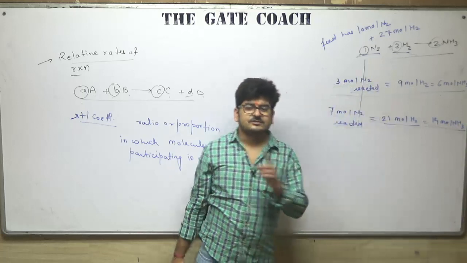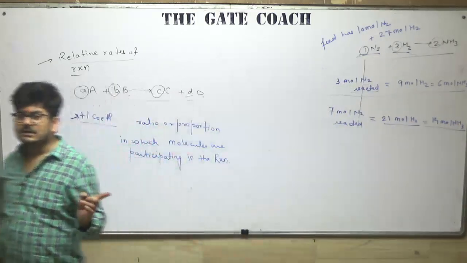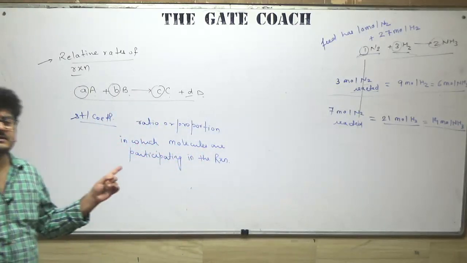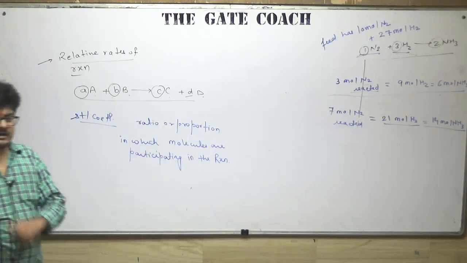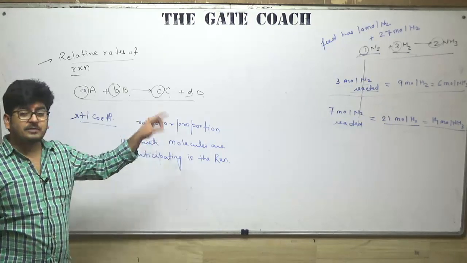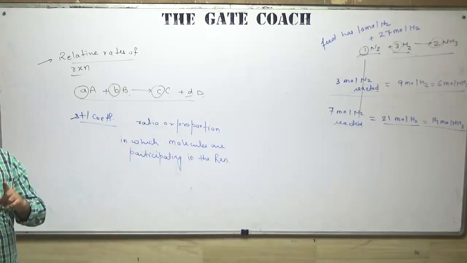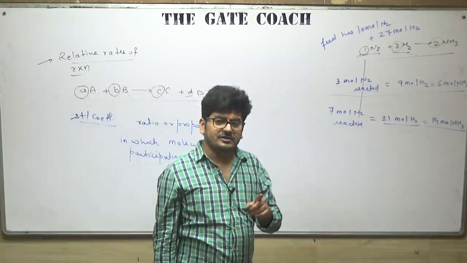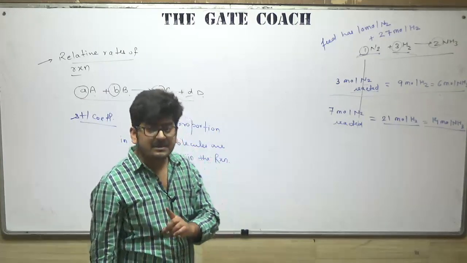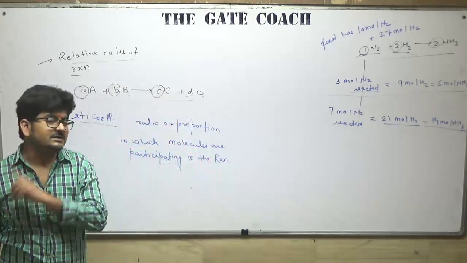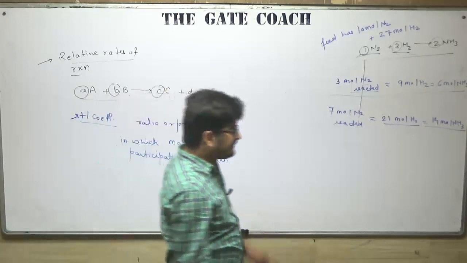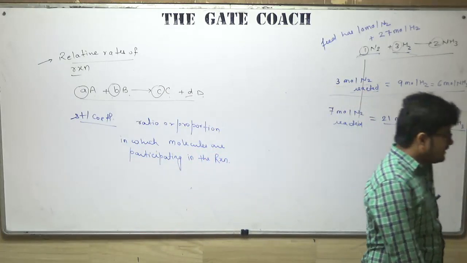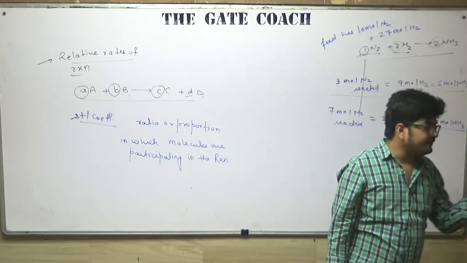So remember guys, stoichiometric coefficients never give us the information of the numbers. They signify the ratio or proportion in which molecules are participating in the reaction. With the help of these coefficients, we can calculate the numbers, but the coefficient does not talk about the number in which molecules react with each other and form.